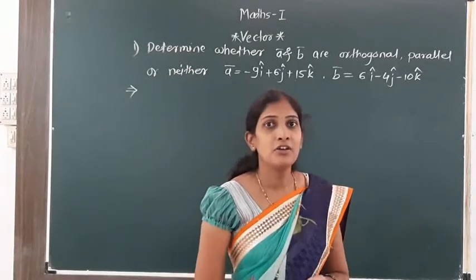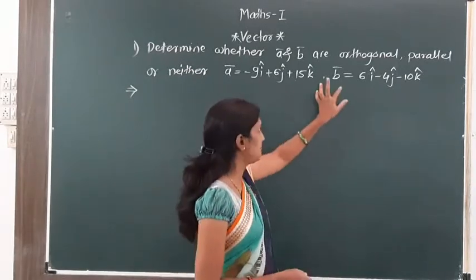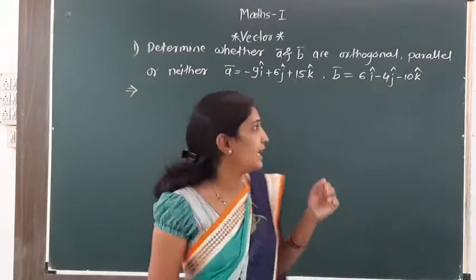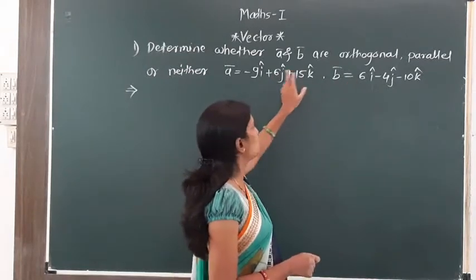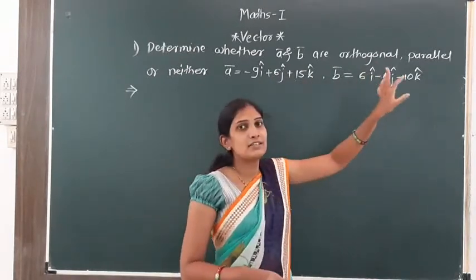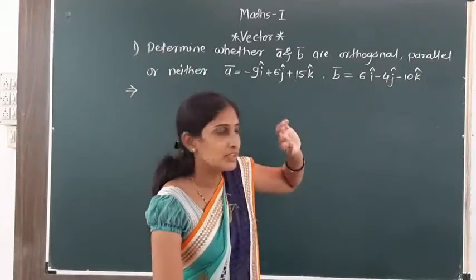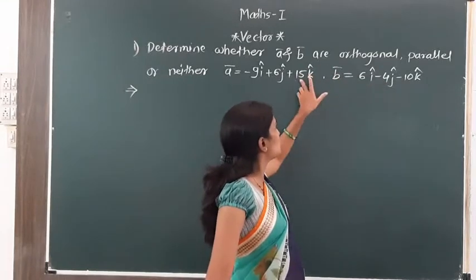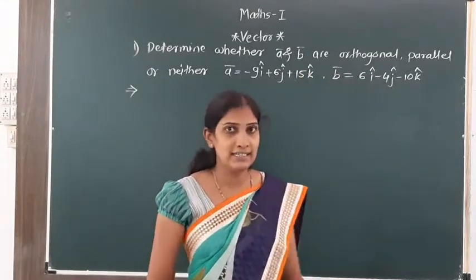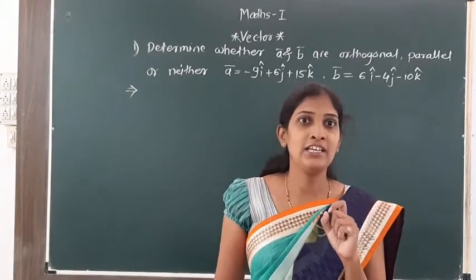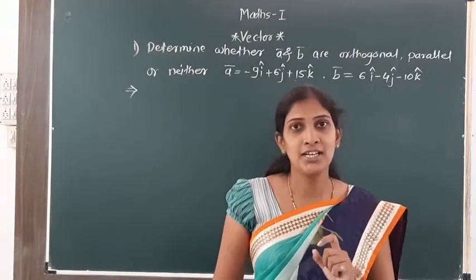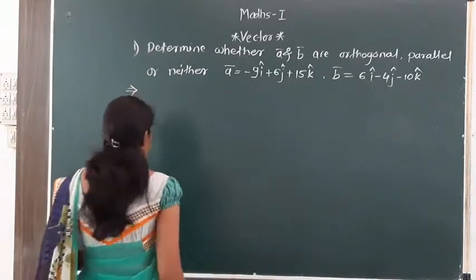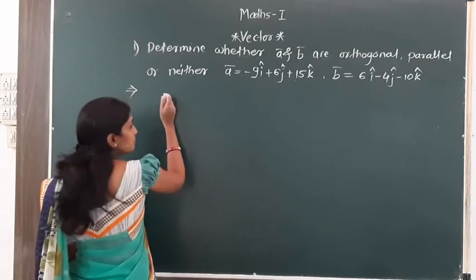And if the coefficients of A bar and B bar are in proportion, that is A1 upon A2 is equal to B1 upon B2 is equal to C1 upon C2, then it is a proportion. And if these coefficients are in proportion, then these two vectors are parallel. So we first check for orthogonal or perpendicular.